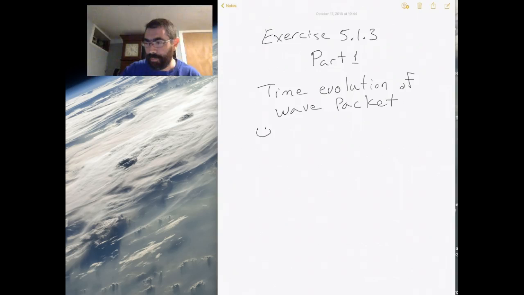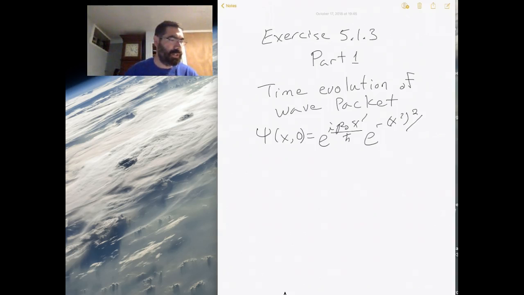It had the form psi of x at time 0, with one part being e to the i p0 x prime divided by h bar, times this other exponential, e to the minus x prime squared divided by 2 times the width delta squared, and that whole thing was divided by pi delta squared to the 1/4 power.